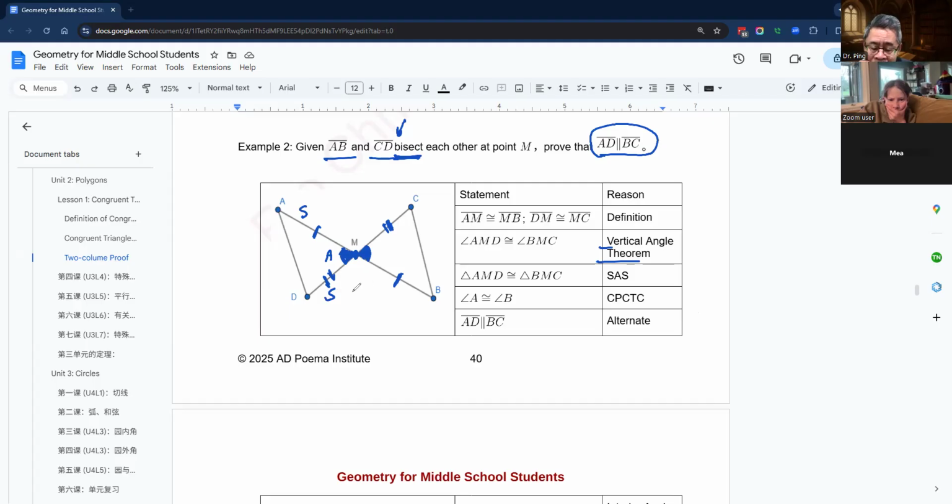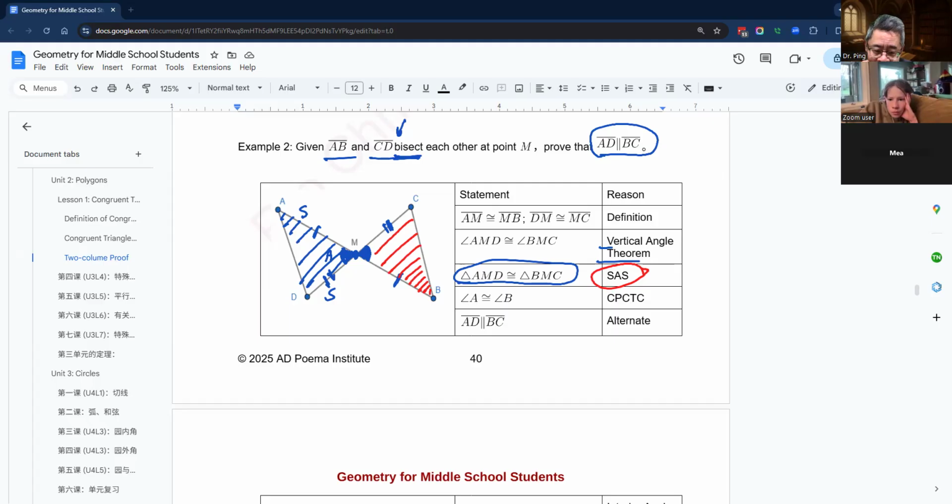So therefore, this triangle AMD is congruent to this triangle, because we have side, angle, side.